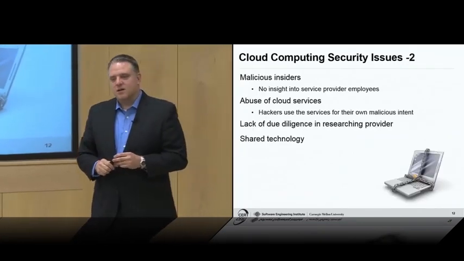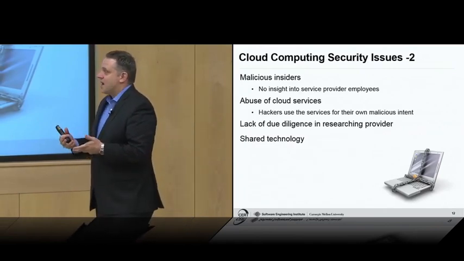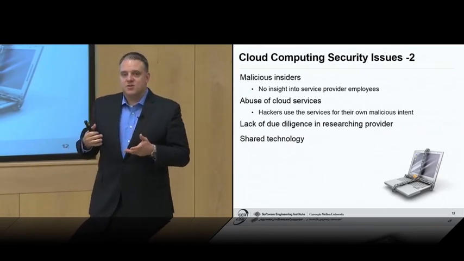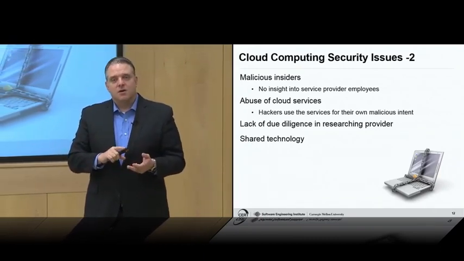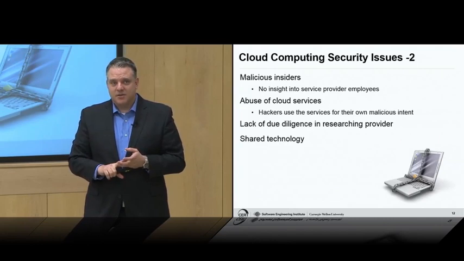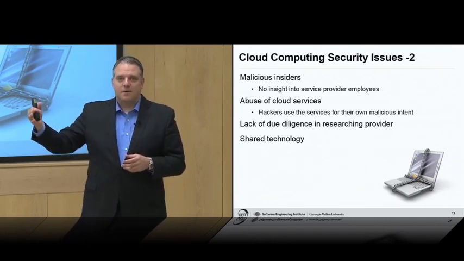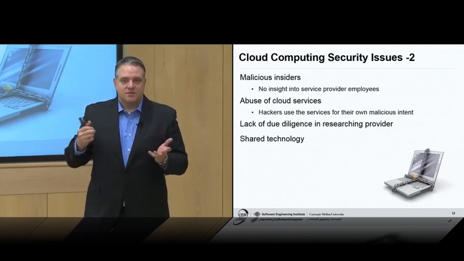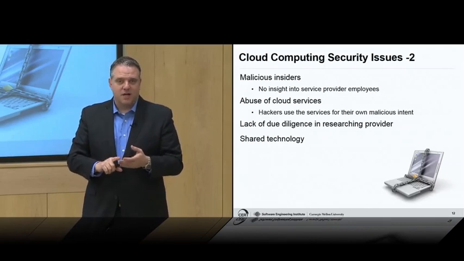And the last one here, some additional security considerations: malicious insiders. Keep in mind that with the service provider that you choose, you have no insight into who the employees are, who has access to your physical servers within this cloud construct, who has access to your data, actually. And so there's a potential for that company to have malicious insiders who decide to just go rogue one day and either delete your data, modify your data, or decide to post your data online.